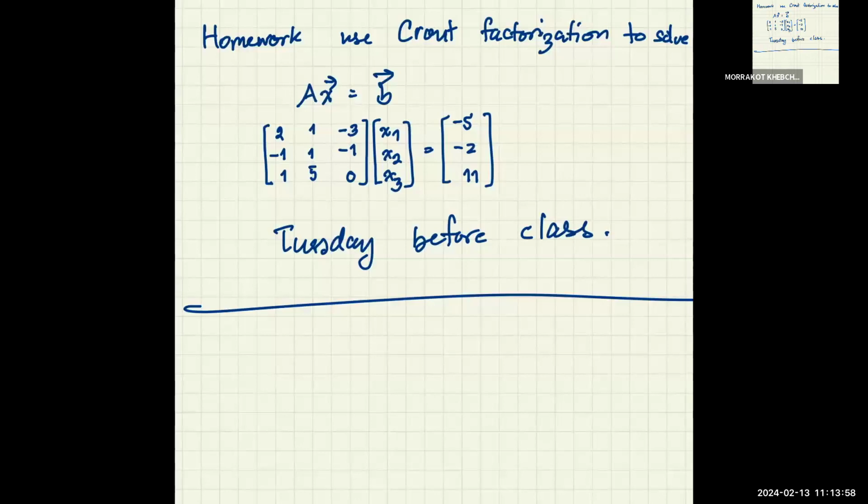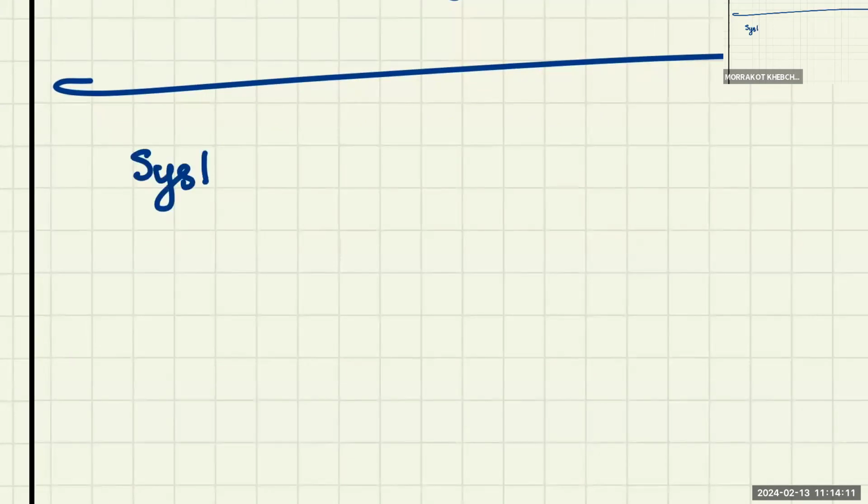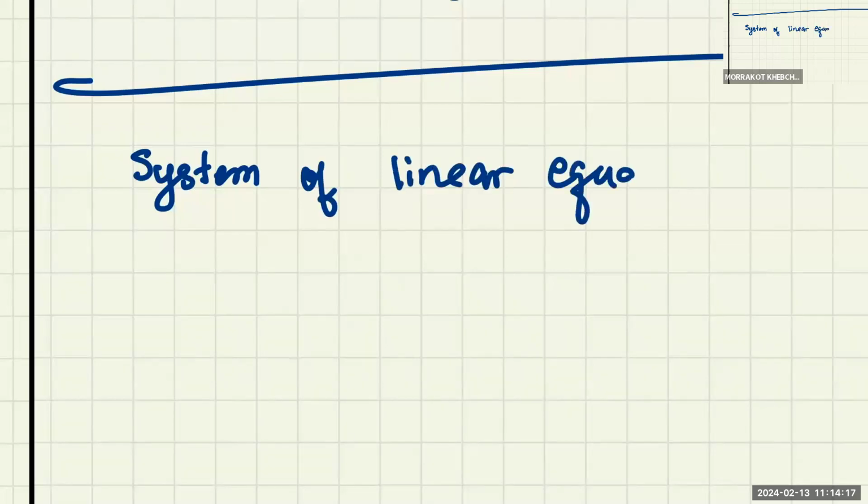And the first group, okay? The first group of methods for solving the system of linear equations. Actually, I have to tell you that there are 2 types of methods for the system. The first one is what we call the direct method.